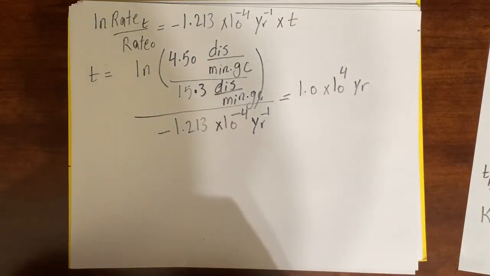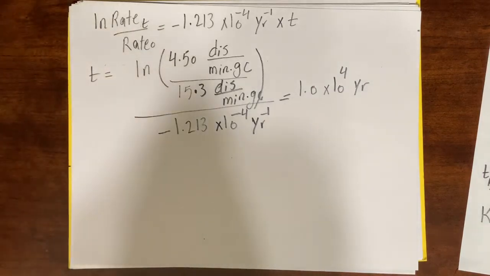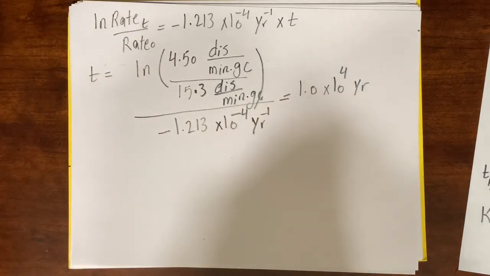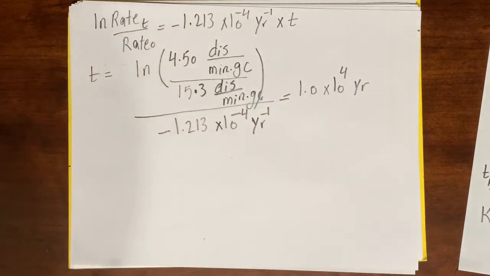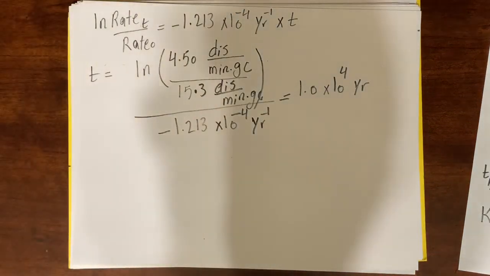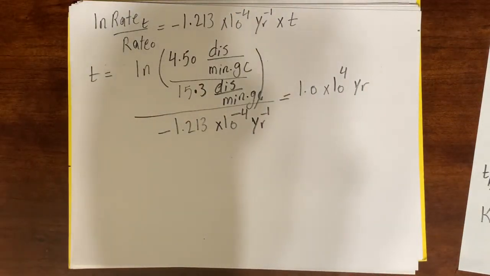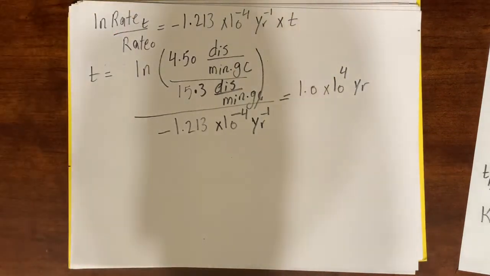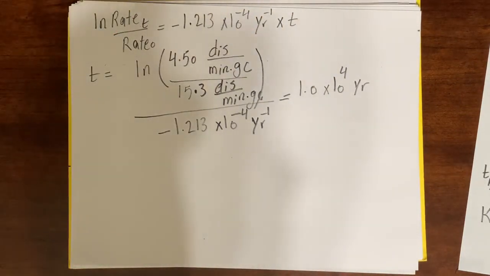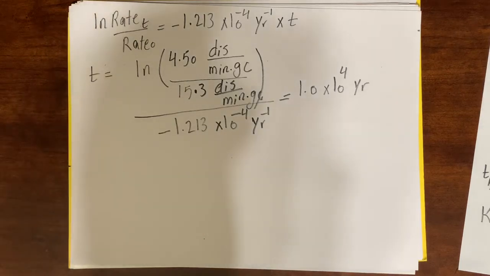Okay. So it's around 10,000 year. Okay, 10,000 year old. This is one way to use the rate of different reactions or different nuclear reactions or processes.